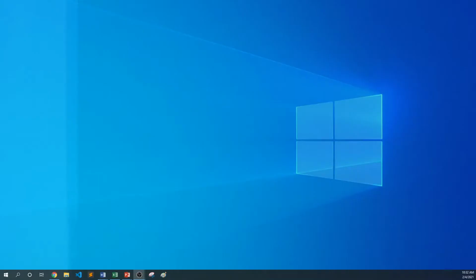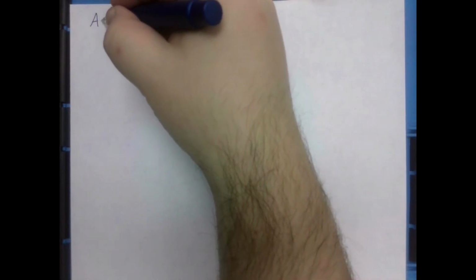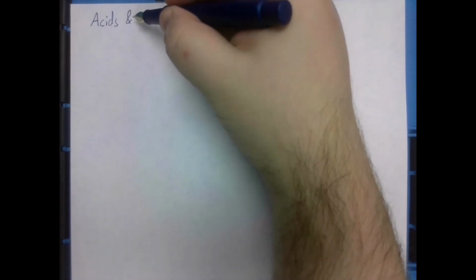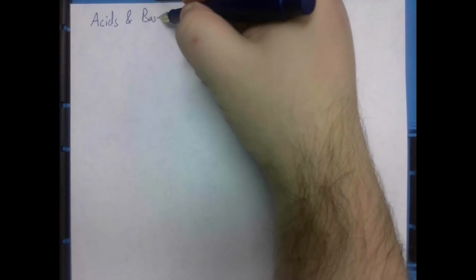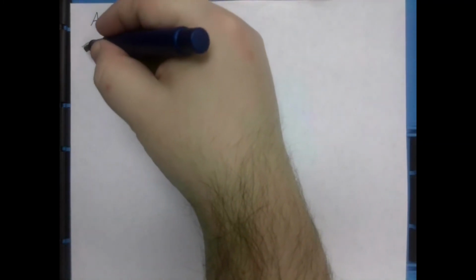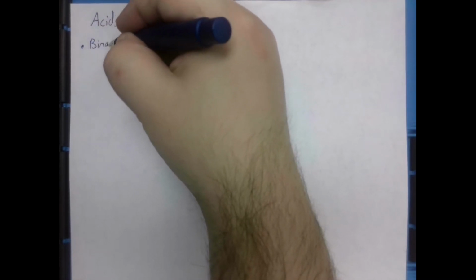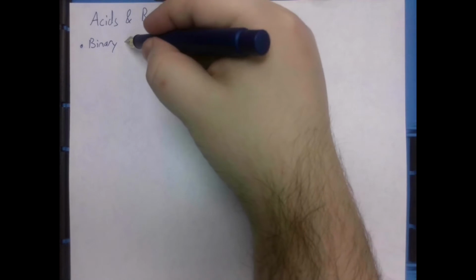Alright, so we're going to talk about how to name acids. Acids and bases. So let's start with the easiest case: binary acids.